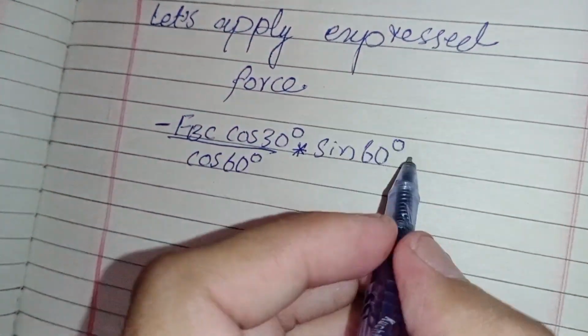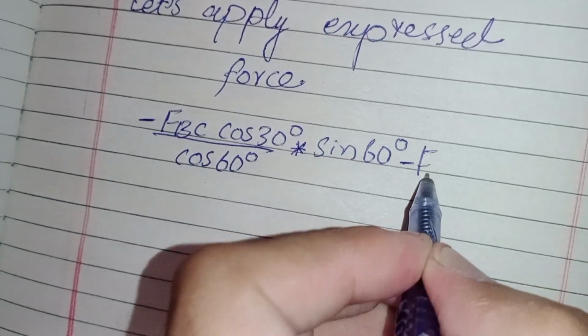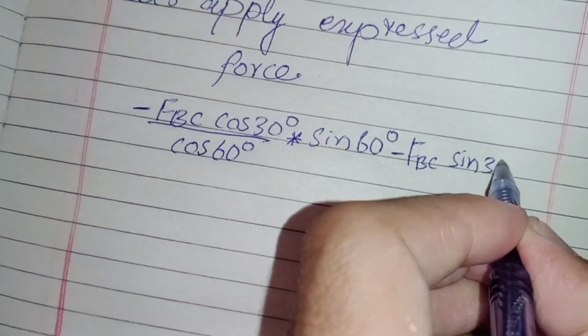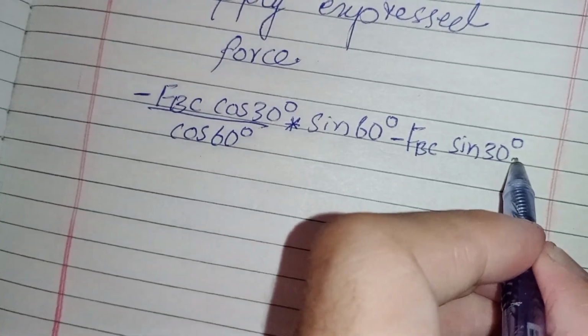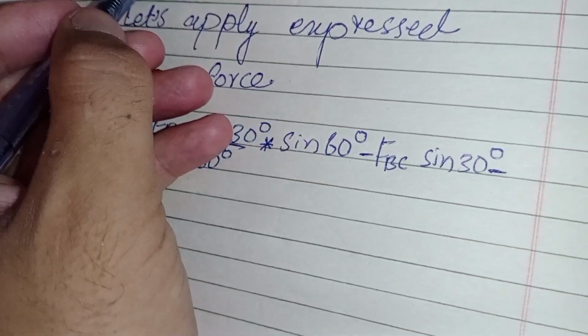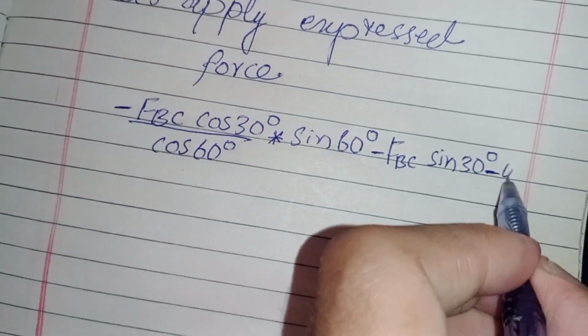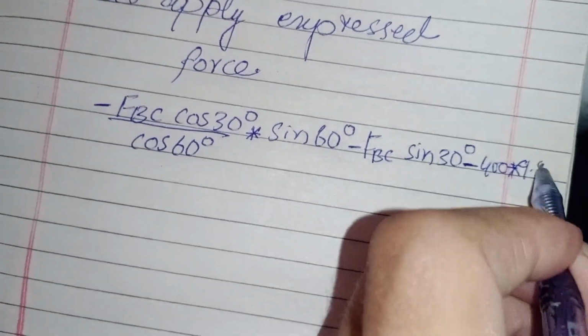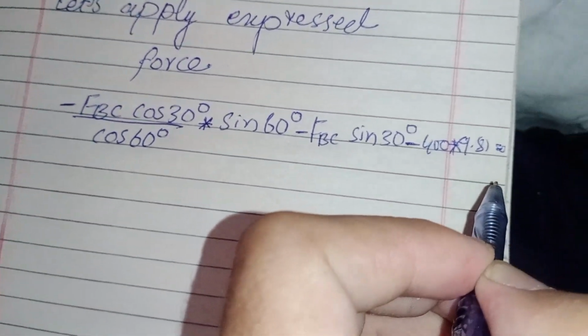Okay, minus F of BC sine 30 degree, and also minus 400 into 9.81 equal to 0.